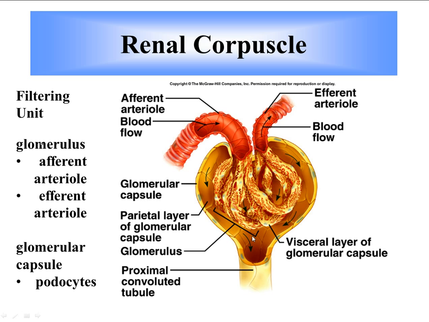There is an exchange there. This glomerulus has tiny cells called podocytes, and then the afferent arteriole will give rise to the efferent arteriole, and that takes the blood away from the renal corpuscle and where it is processed even more.